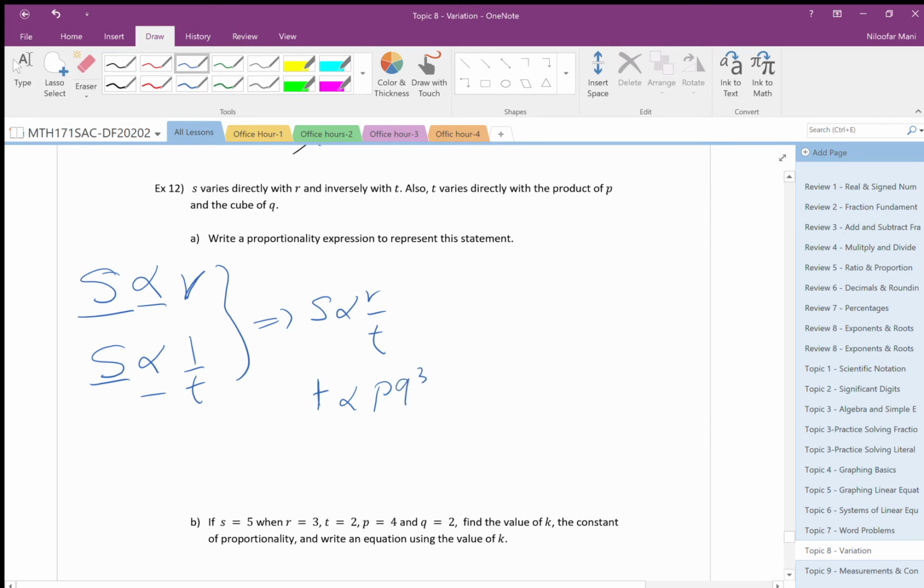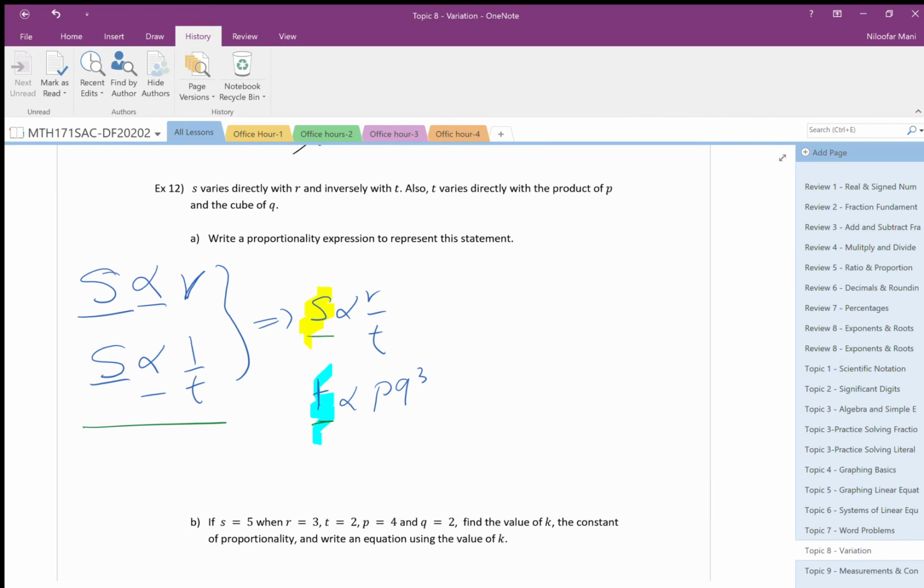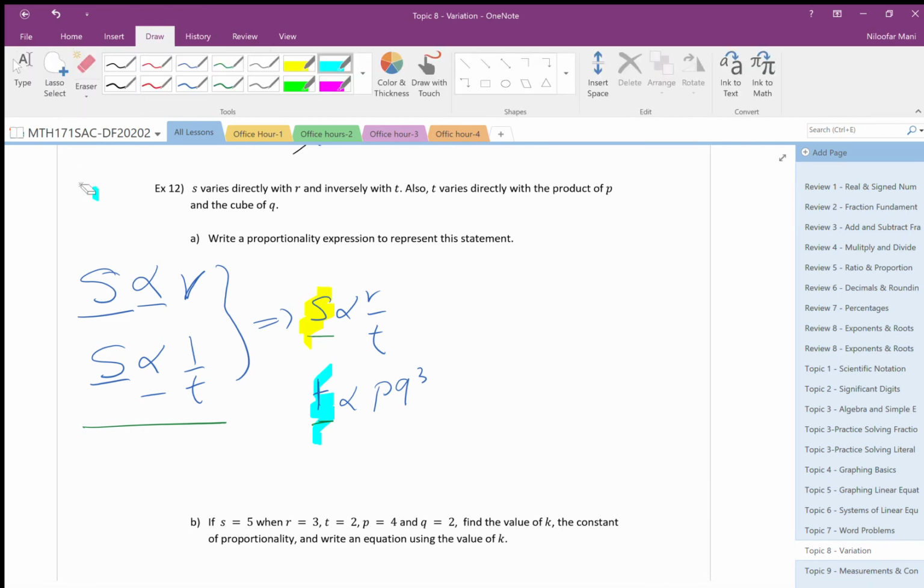I cannot do here what I did before, because it's S and T. They are not like each other. One of them is this, one of them is this. So I can't find anything from just this. So what should I do?